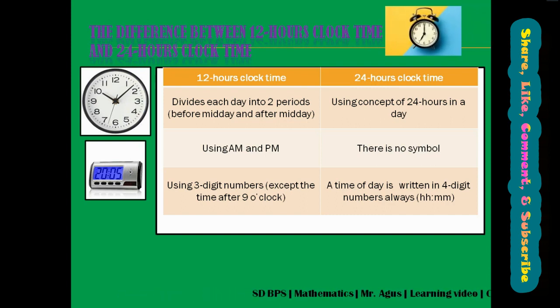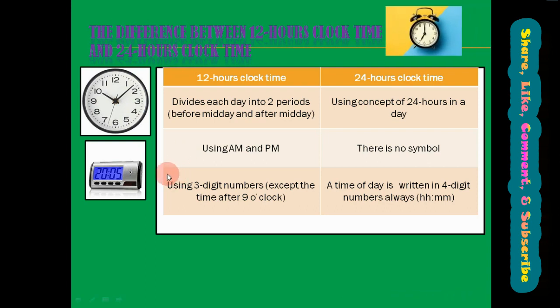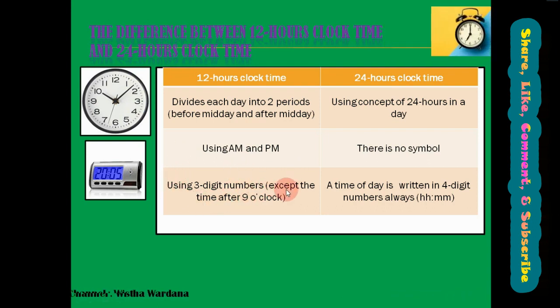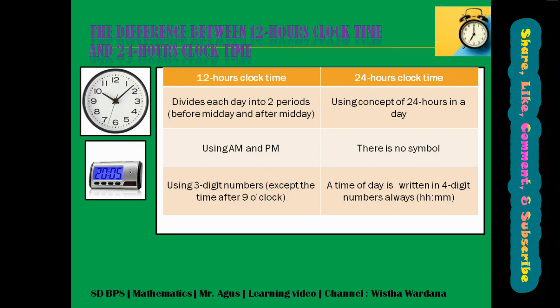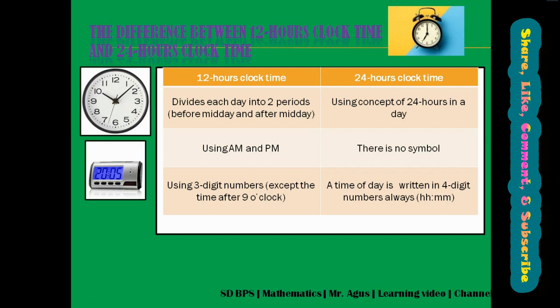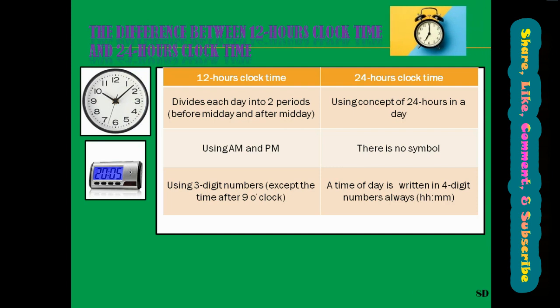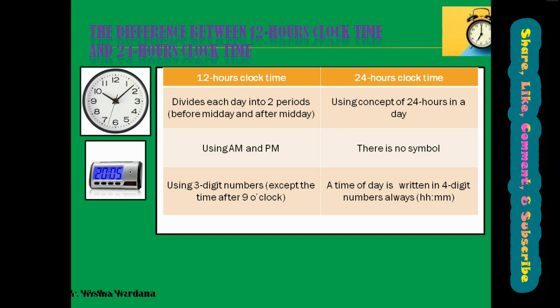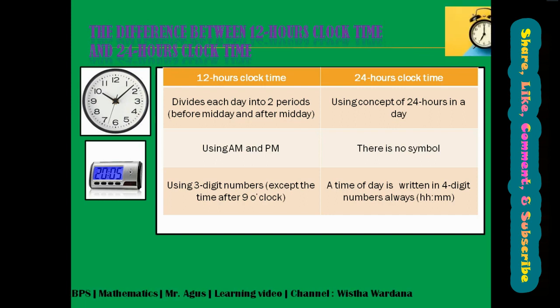And then the third one, in 12-hour clock time, we use 3-digit numbers except for the time after 9 o'clock, because for 10 o'clock, 11 o'clock, and 12 o'clock, you have to write the time up to 4-digit numbers. But in 24-hour clock time, a time of day is always written in 4-digit numbers. Continue to converting 12-hour clock time into 24-hour clock time and the other way around.